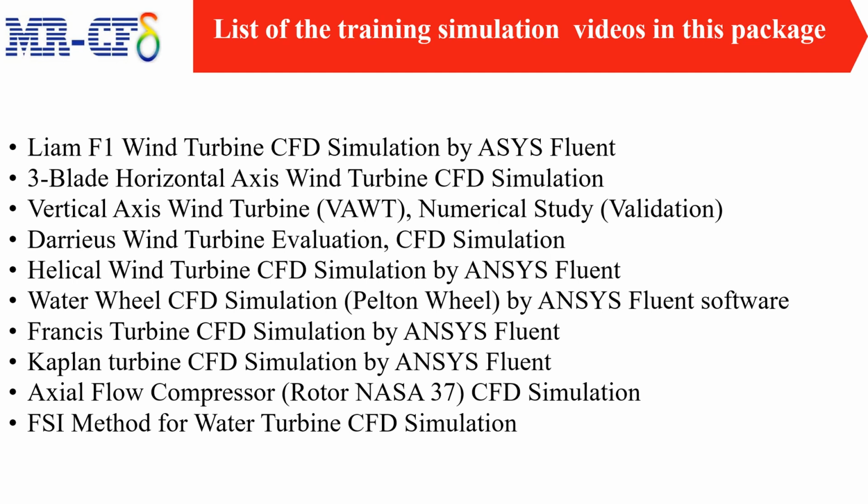These are Liam F1 wind turbine, 3-blade horizontal axis wind turbine, vertical axis wind turbine, Darius wind turbine evaluation, helical wind turbine, water wheel or Pelton wheel, Francis turbine, Kaplan turbine, axial flow compressor, and FSI method for water turbine. The simulation training examples included in this package are among the most famous examples of turbomachine simulations.